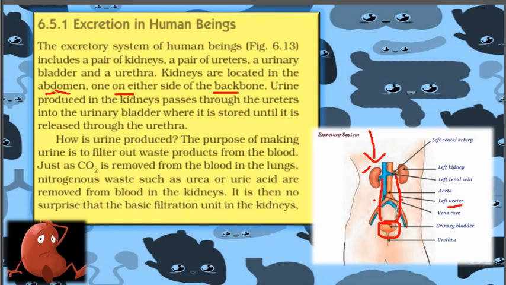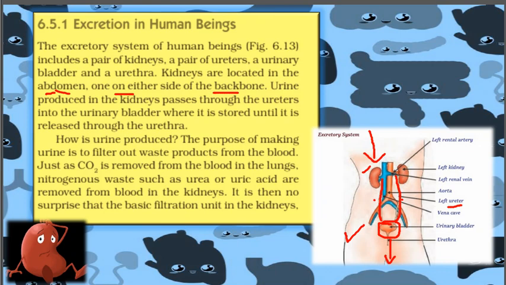In the urinary bladder, the urine is stored until it is released through the urethra. यानी कि जब बाहर नहीं आ जाता है तब तक वो किस में स्टोर रहता है? तो यूरिनरी ब्लैडर में. क्लियर?